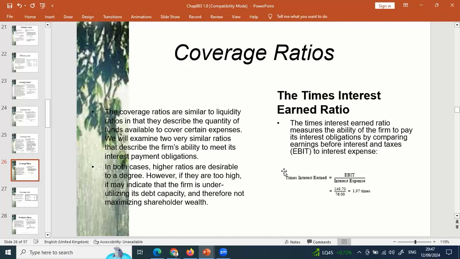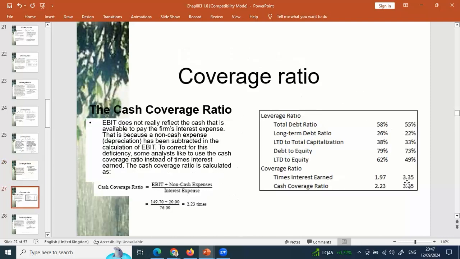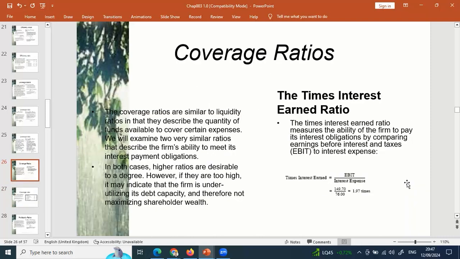Let's say the earnings before interest are 149, and the interest expense you need to pay the bank is 76. It means you can pay 2 times of the interest. Okay, so you can still pay it, but the bottom line, the net income, will be lower.